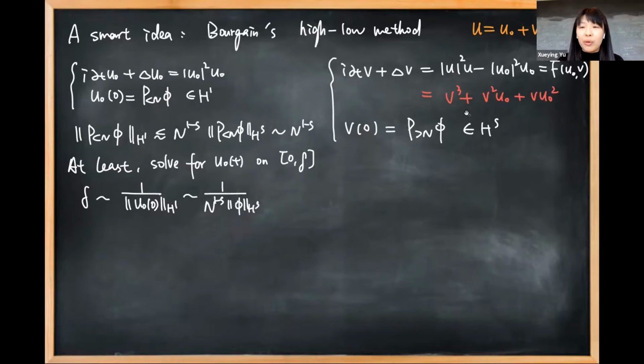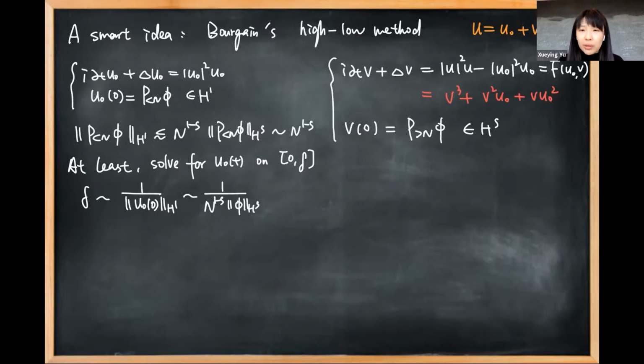Let me cheat a little bit: the Schrodinger equation is actually for complex functions, but let's pretend everything is real for now. That means we have a V cubed term, a V squared U0 term, and a V U0 squared term, something like that. And here the initial data is the high frequency component.